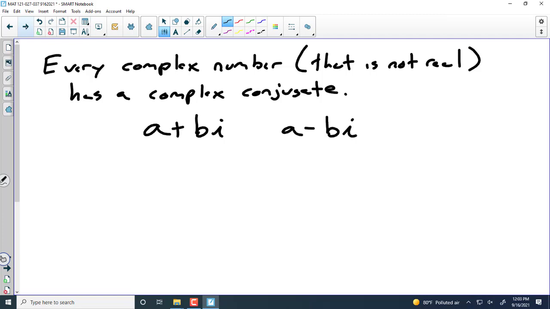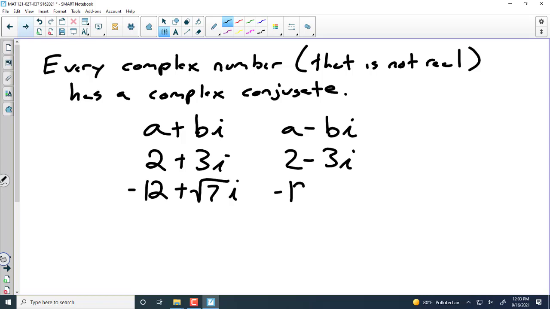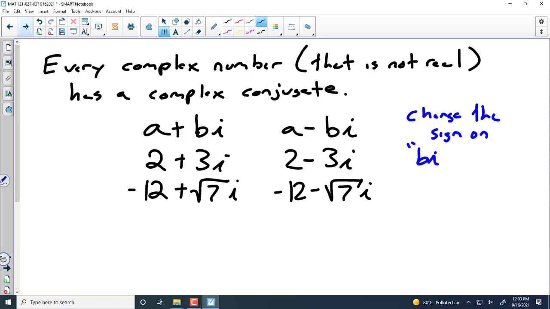A complex conjugate is simply the complex number where you change the sign on the imaginary part. In other words, 2 plus 3i, 2 minus 3i. -12 plus square root of 7 i, -12 minus the square root of 7 i. These are called complex conjugates, everyone. And every complex number has a complex conjugate.